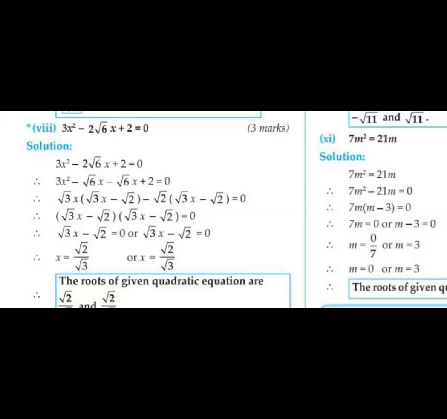So you can take root 3x minus 2, and root 3x minus 2 equals to 0. So root 3x minus root 2 equals to 0, or root 3x minus root 2 equals to 0. You'll find the same answer. So first this term x equals root 2 by root 3, and there x is also root 2 by root 3.